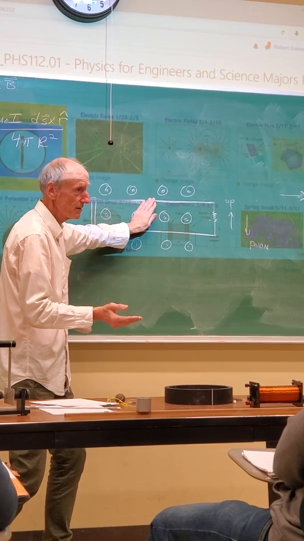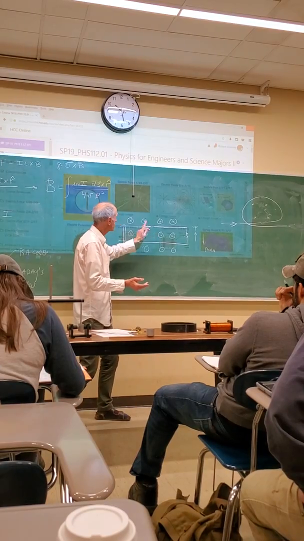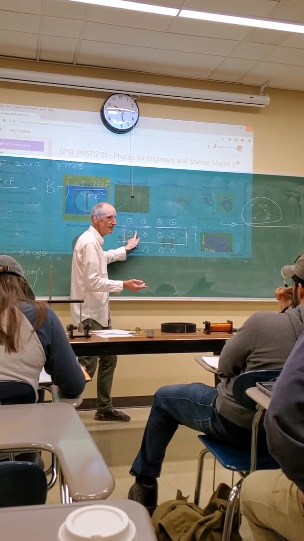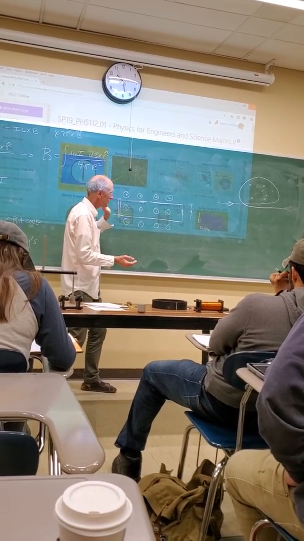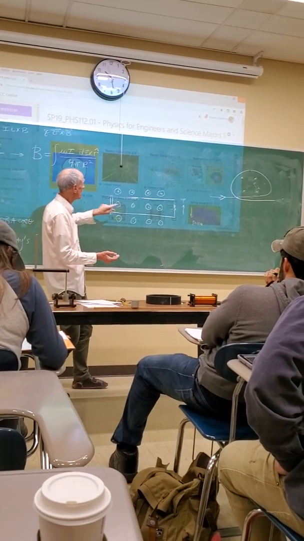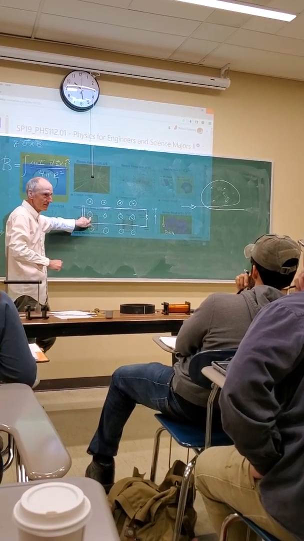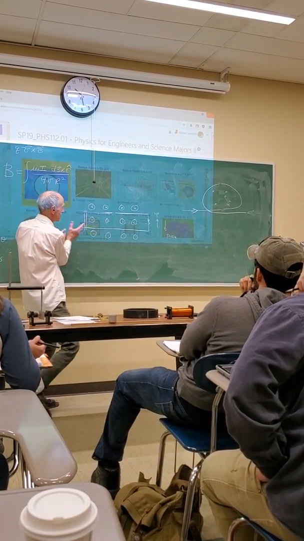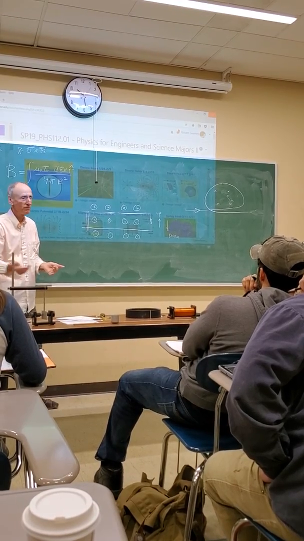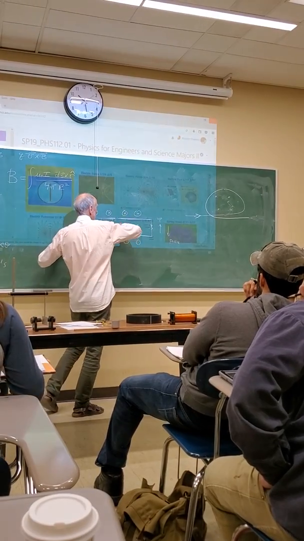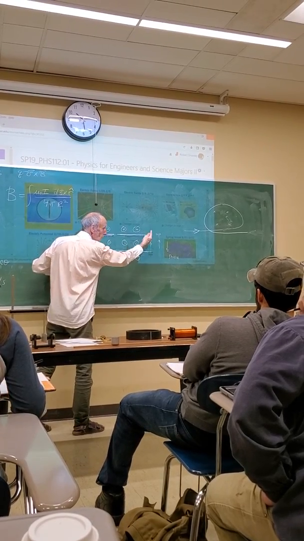So the current wants to replace the loss. So the current's going to go in a way to give me these back, to keep it at 4. So the current, this is right-hand rule number 3 again, the current has to be this way. So it's going to go up.